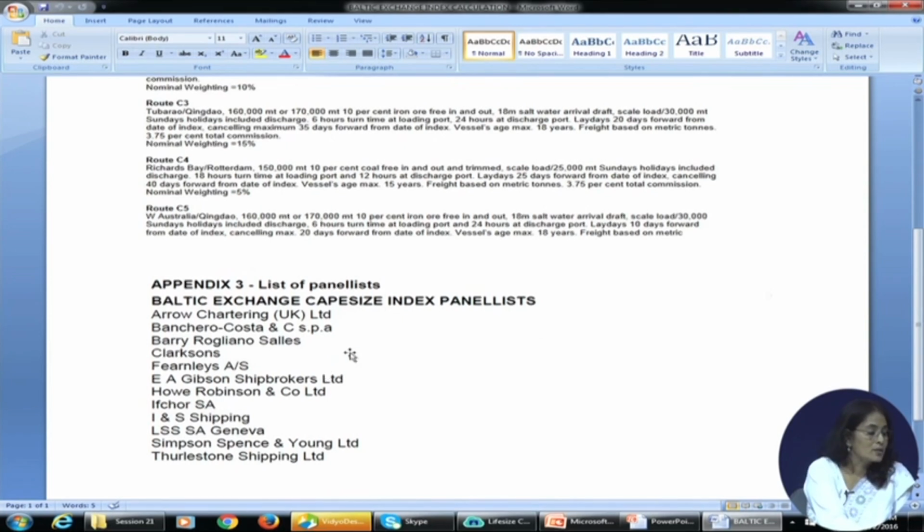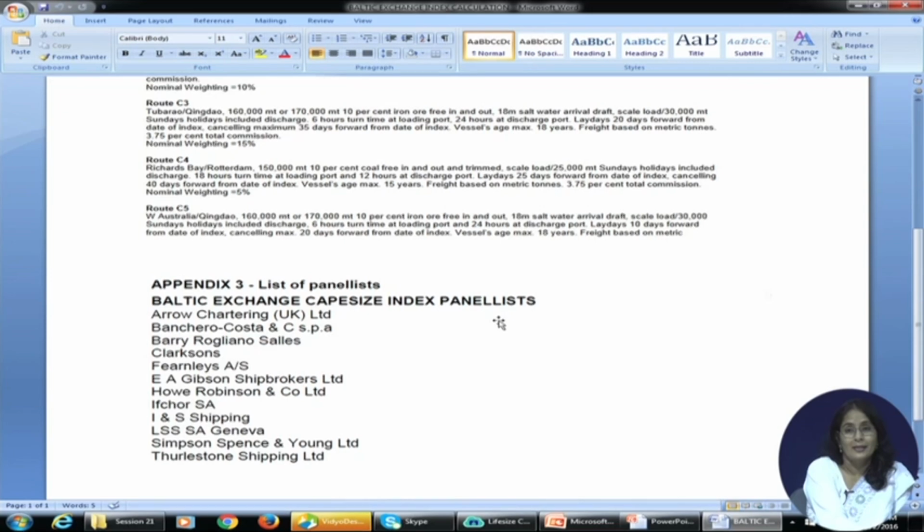And who are these ship brokers? Baltic Exchange Cape size index panelists. These are the panelists already identified by the Baltic Exchange, who give their price information to the exchange for calculation of the Cape size index.